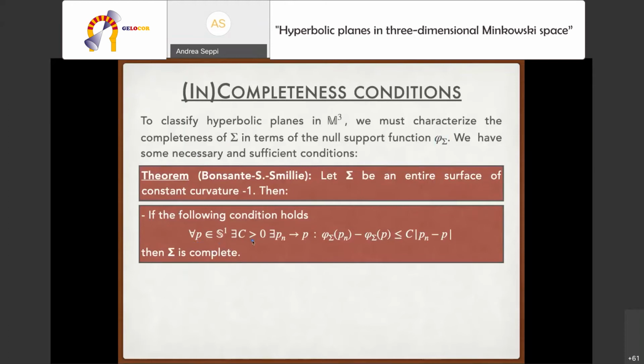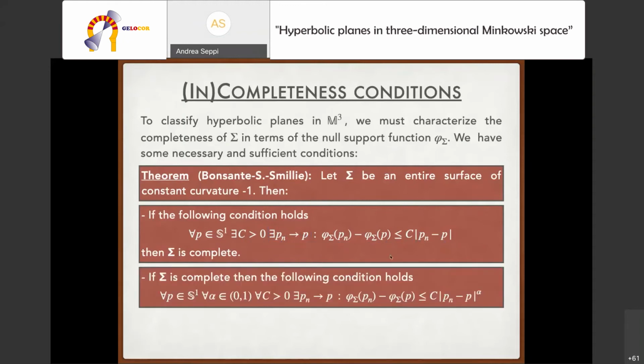This condition is saying that we can find a sequence approaching P on which the null support function is sublinear, for some constant C. Remember that our null support function phi sigma can also be infinity on large portions, but nevertheless, if there is a sequence on which it's sublinear and the sequence is approaching P, then our surface is complete.